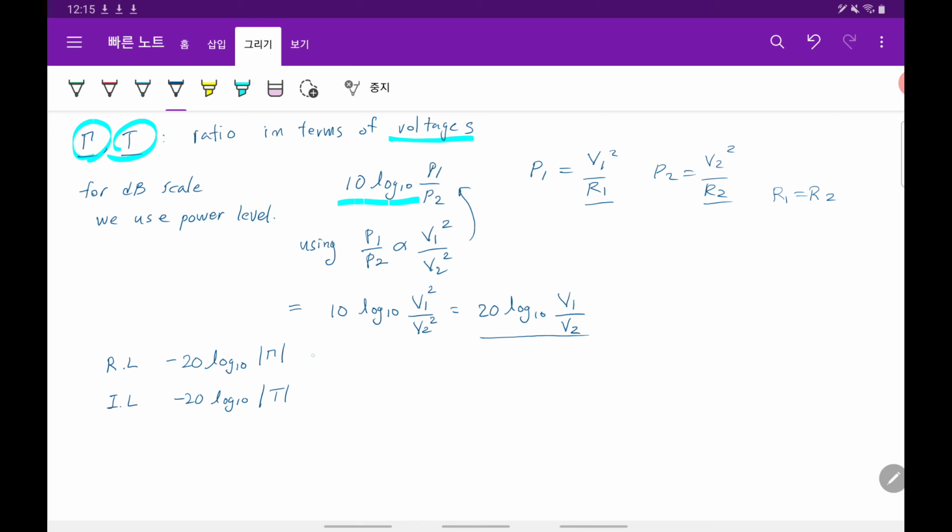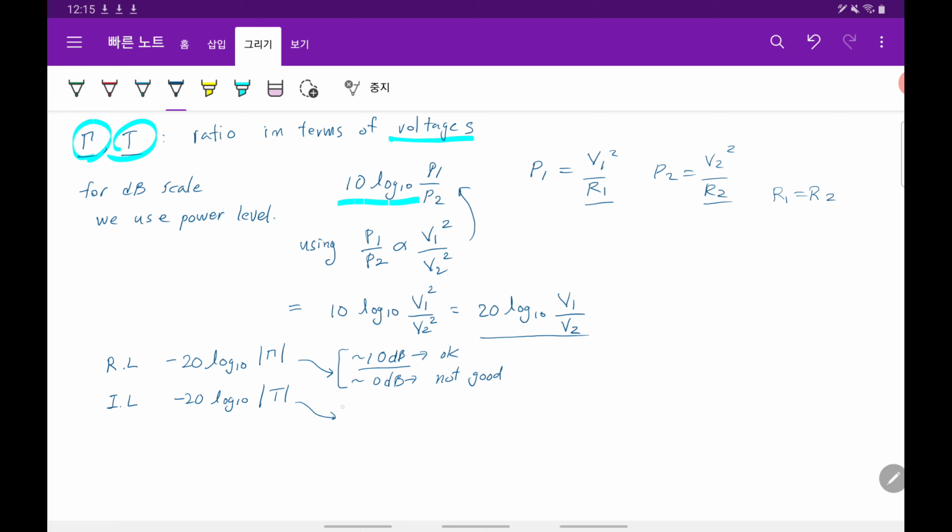I said that this return loss should be near 10 dB. So 10 dB is good. It's okay. If we say return loss is 0 dB, it's not good. What it means is most of the power is reflected back, all the power is reflected back.